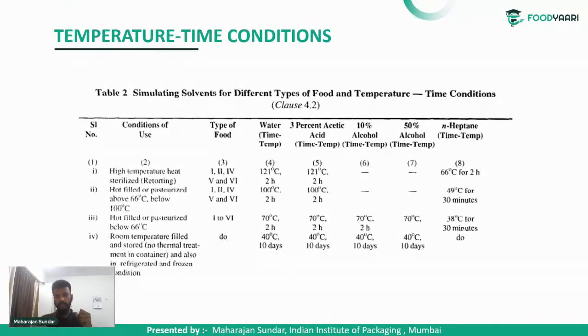Next, after drying the simulant from the beaker, we will get an extraction concentrate, and then finally we have to measure the remains of extraction, so that final weight minus initial weight gives the amount of concentrate. Usually, for flexible plastics, the amount of migration should be under 10 milligram per decimeter square.